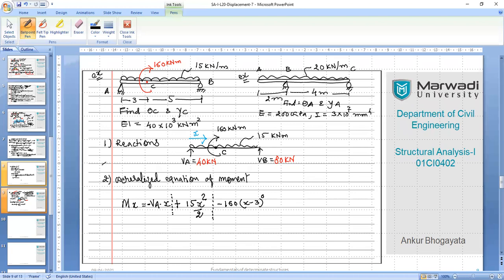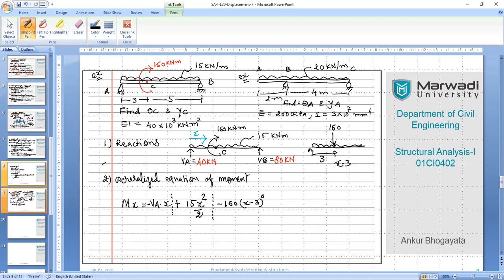As I discussed earlier, whenever there is a moment, we will treat it as multiplication of the distance with the power 0, right? We will keep it in a form similar to the other point loads. Suppose there would have been a point load over here, just as an example, like this 160, what would have been the equation for this?